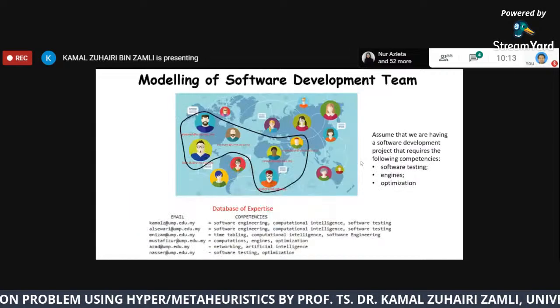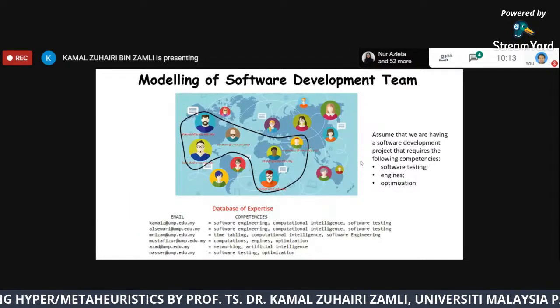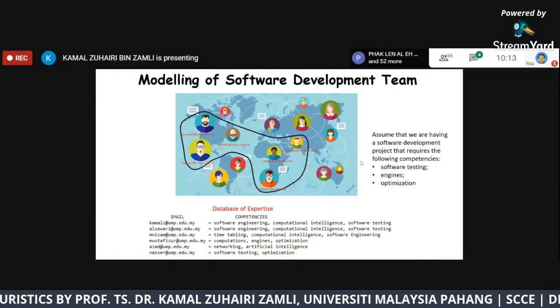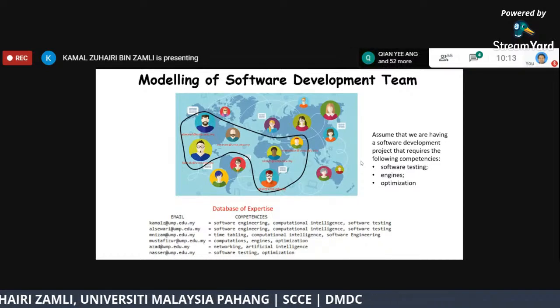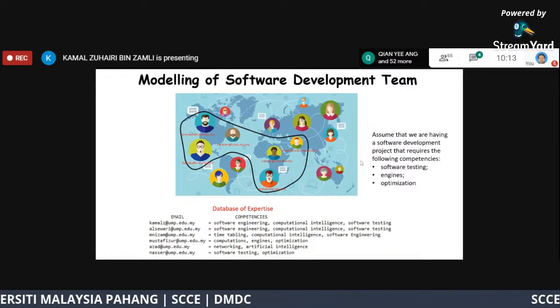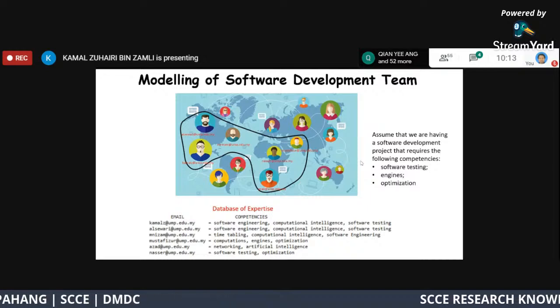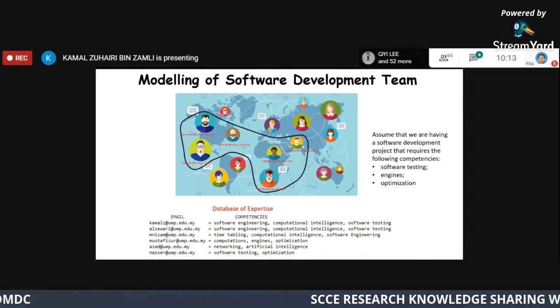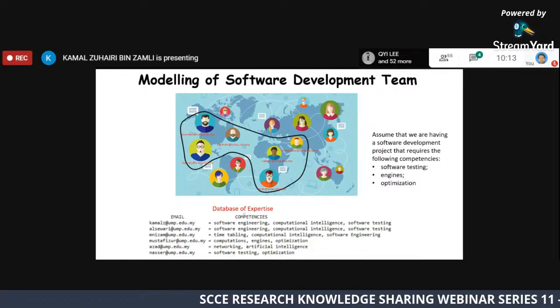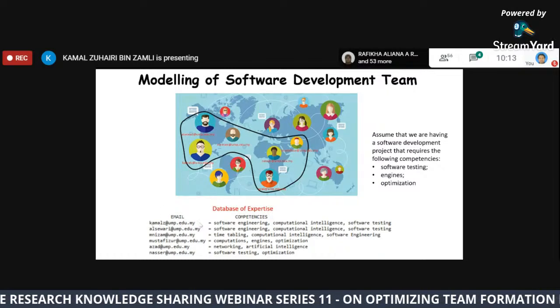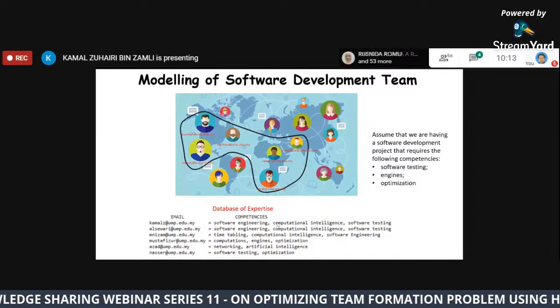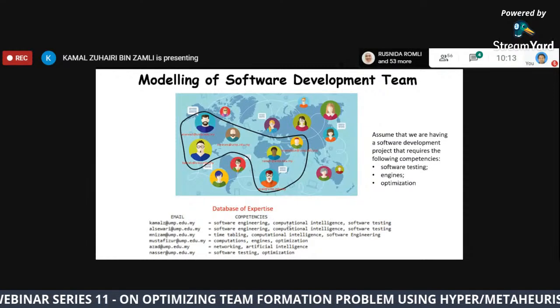Let's say, for example, I want to illustrate the problem of team formation. Let's say we want to model a software development team, and we have the expertise of the team. For example, you have one person, Kamal, whose expertise is software engineering, computational intelligence, and software testing.